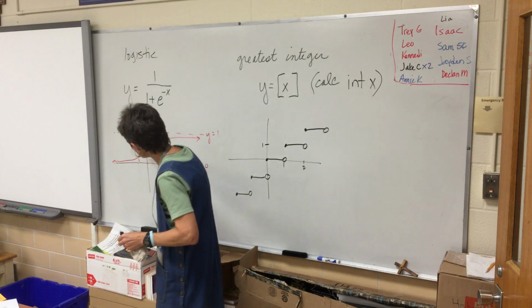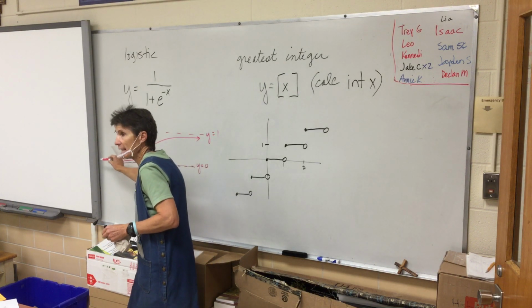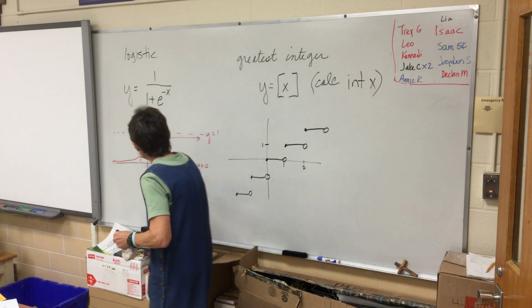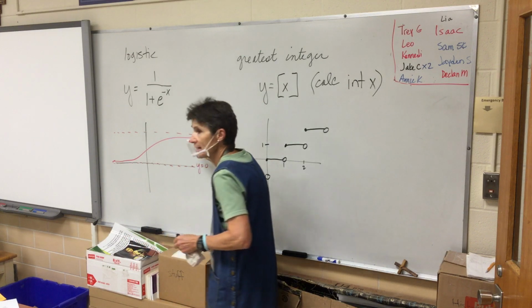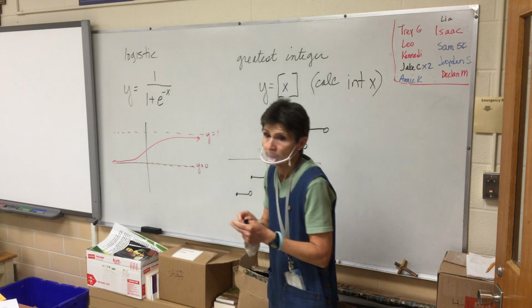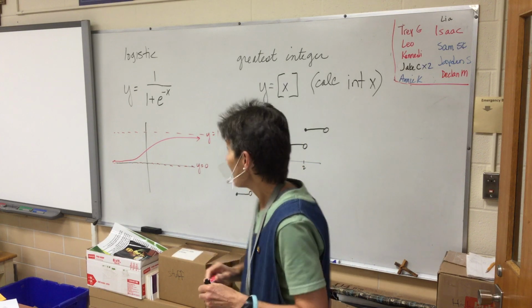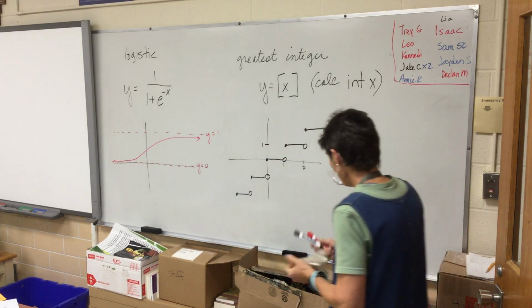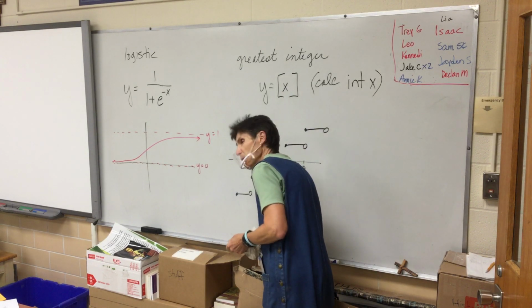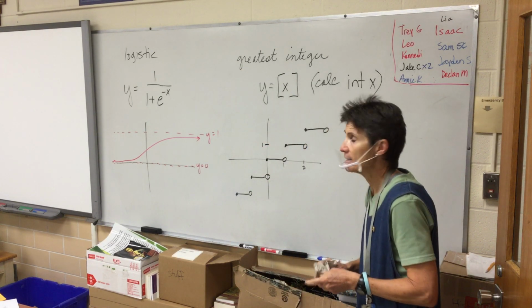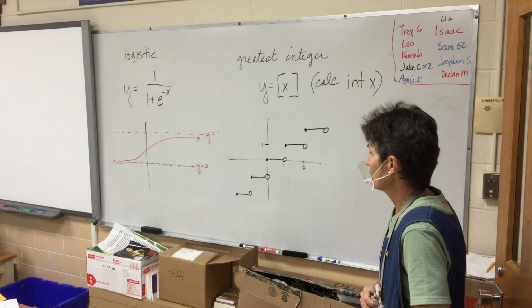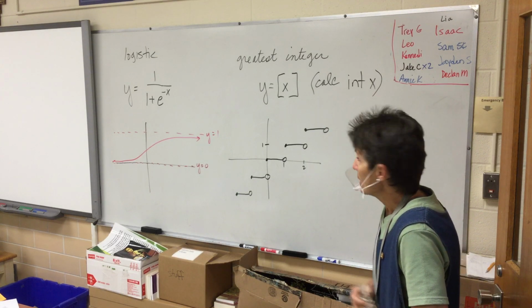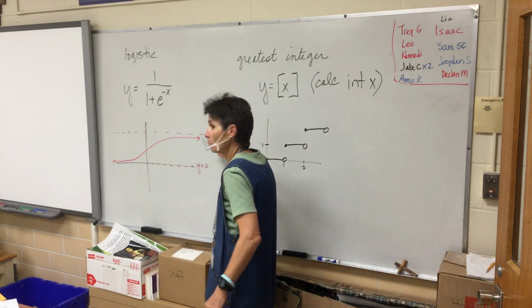So see how this side approaches that asymptote, and this side approaches that asymptote. That curve is used a lot in science class. So if you've done any graphing of populations and things like that, you might have seen that picture. Where are the asymptotes? At 0 and 1.